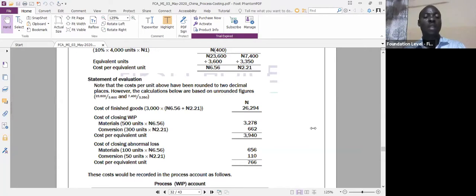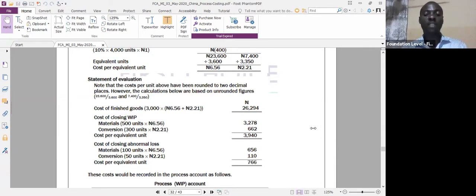Then when we use that information, we're going to calculate the cost of abnormal loss. In abnormal loss, the abnormal loss is 100 units for material, and the cost of material is 6 naira 56 kobo. For conversion cost, the equivalent unit is 50 units, because when we did that cutoff, we said 50%, so we brought 100 units for material and 50 units for conversion.